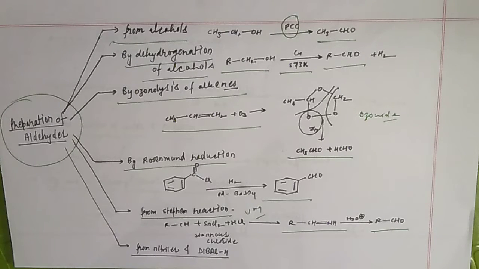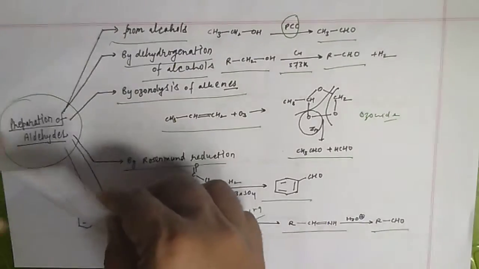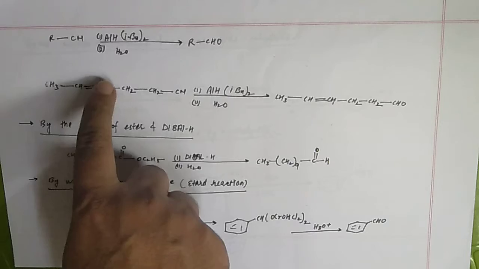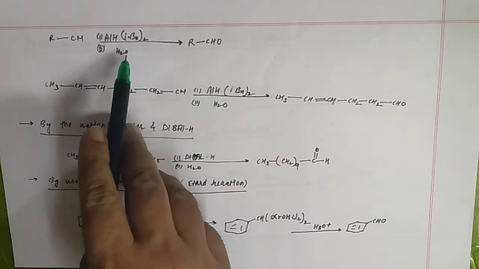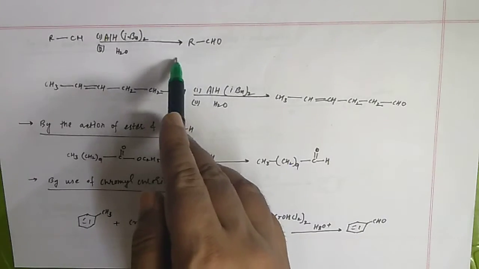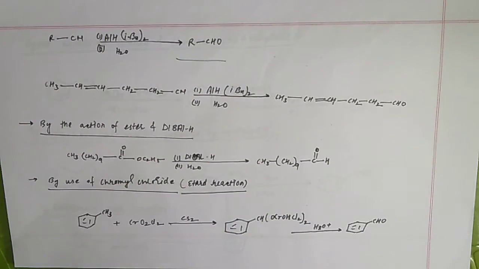Now the next method is also from the nitriles, but by use of DIBAL-H, meaning diisobutyl aluminum hydride. If you are taking the RCN and diisobutyl aluminum hydride, the RCN is directly converted into RCHO.